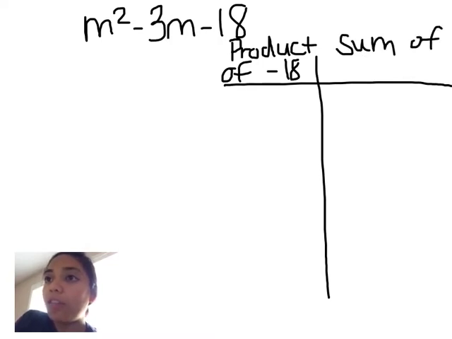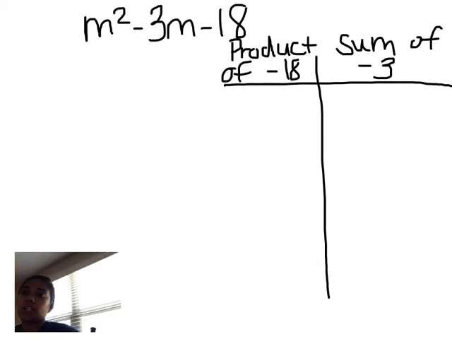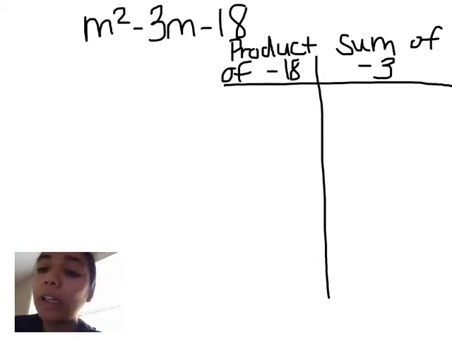I put a negative because of the minus sign in front of the 18 that belongs to it. So product of negative 18 and sum of negative 3. It's kind of like a puzzle.